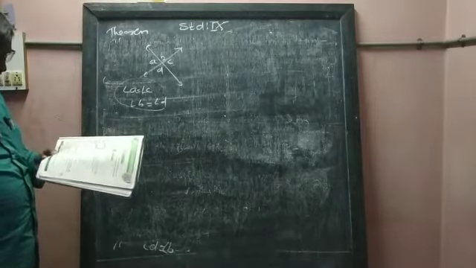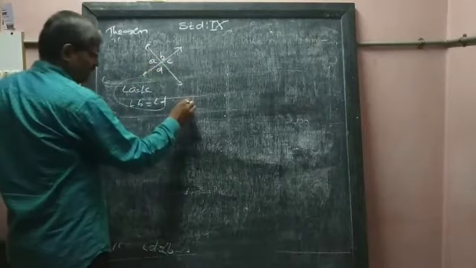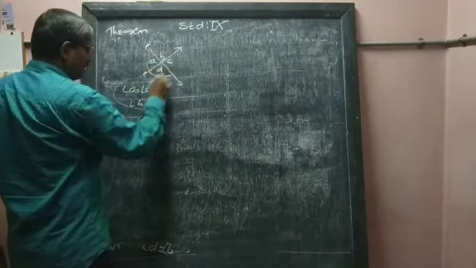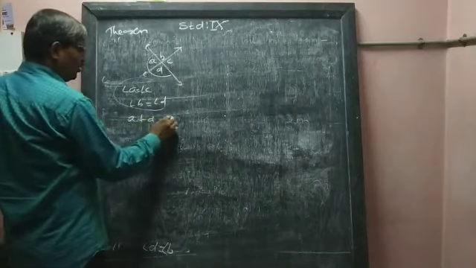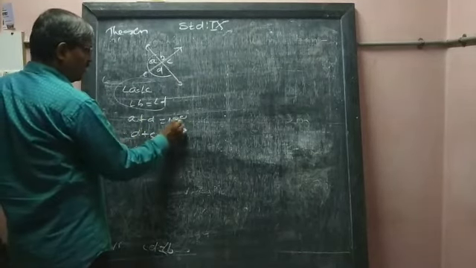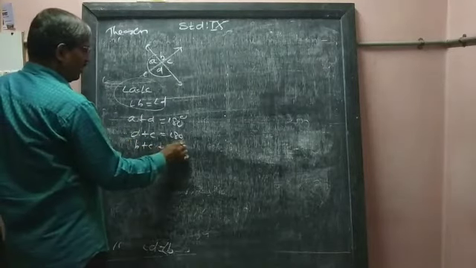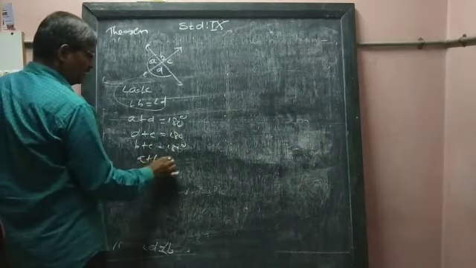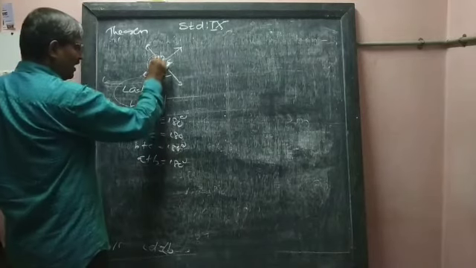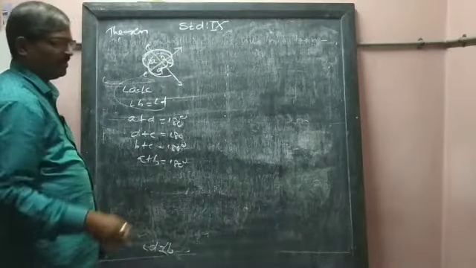The angles in a linear pair are supplementary also. If two lines intersect each other, then angle A plus B is equal to 180, B plus C is equal to 180, and A plus B is also 180. Means angles in linear pairs are always supplementary angles.